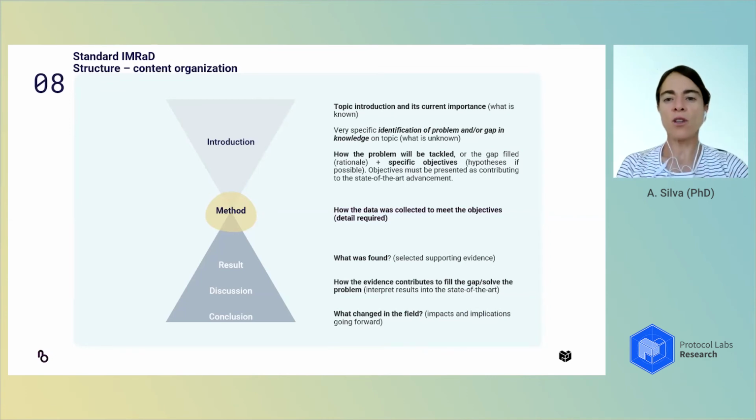And then immediately after that, in a logical sequence, we set ourselves to tackle this problem either partially or totally, and we set the specific objectives or the specific hypothesis. What is expected is that those specific objectives are there to address the gaps, or at least some of them that are identified. You don't have to identify them all.